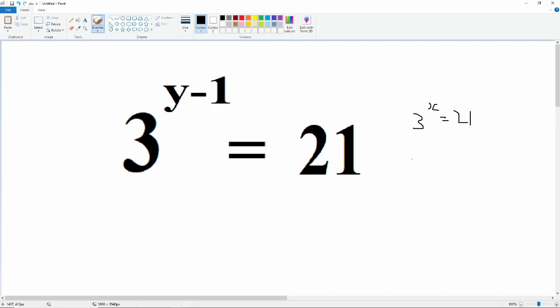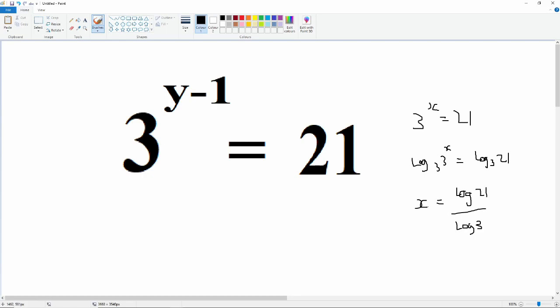Because then all we need to do then is find the log to base 3 of 3 to the power x is equal to the log to base 3 of 21, and so then we've just got x is equal to log 21 divided by log 3, which we've already seen.